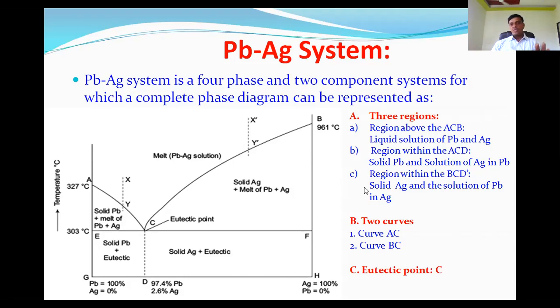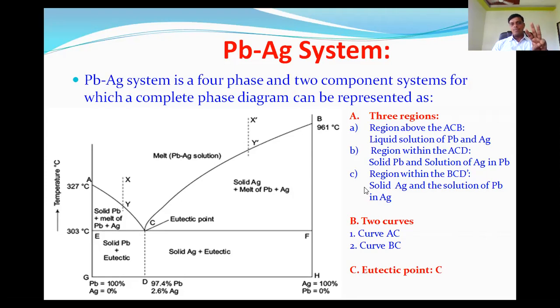But the lead silver system is a solid liquid equilibria, because out of these three states, only two phases exist, meaning the vapor phase does not exist. Here we cannot take the third variable, out of the three variables: temperature, pressure, and concentration or composition.